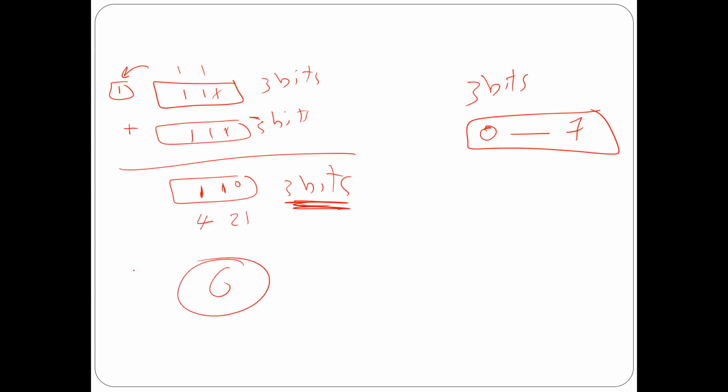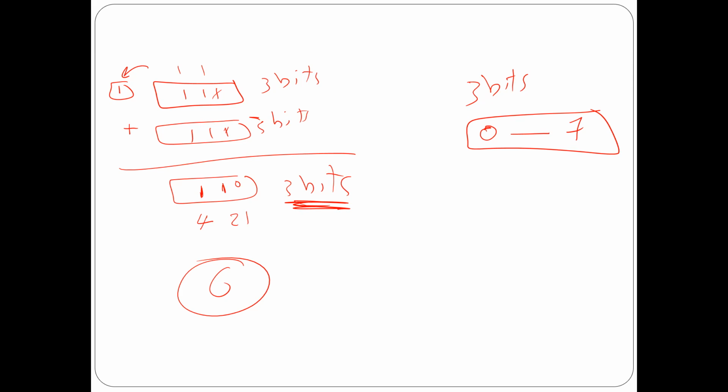So 7 plus 7 is 6, right? It's not true, right? 7 plus 7 is not 6. It's false because overflow happened. Because you want to store the result in 3 bits, and 3 bits are not enough. That's why it's wrong. So overflow happened. Is that okay?